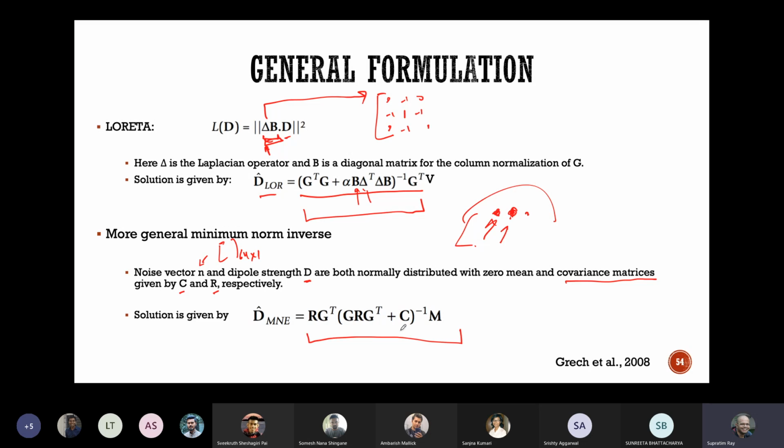Again, I'm not proving this, but take my word for it, this is how you would get the minimum norm solution after incorporating correlations between the noise in the sensor space and also between the dipoles. So these are different forms of solutions, but note that they can all be pre-computed based on the assumptions that you have put in.